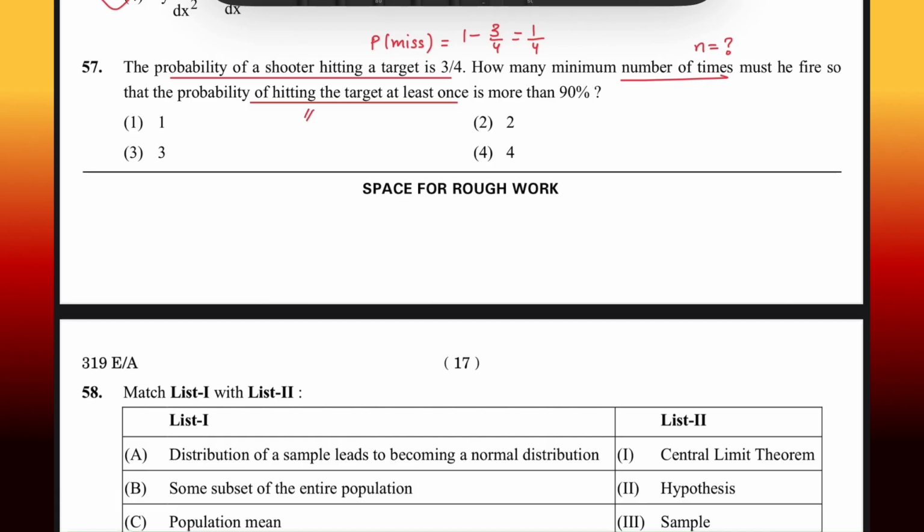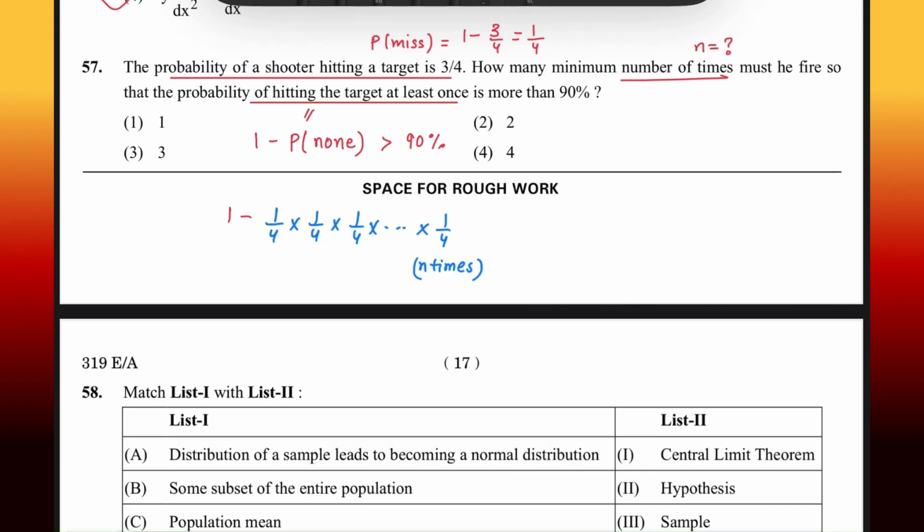Probability of hitting at least once we calculate as 1 minus probability of hitting none of the targets, right? And it is greater than 90%, or you can write 0.9. So 1 minus probability of hitting none means you have missed all the targets, right? And the probability of missing the target is 1 by 4. So if you miss n targets, you have to multiply 1 by 4 n times.